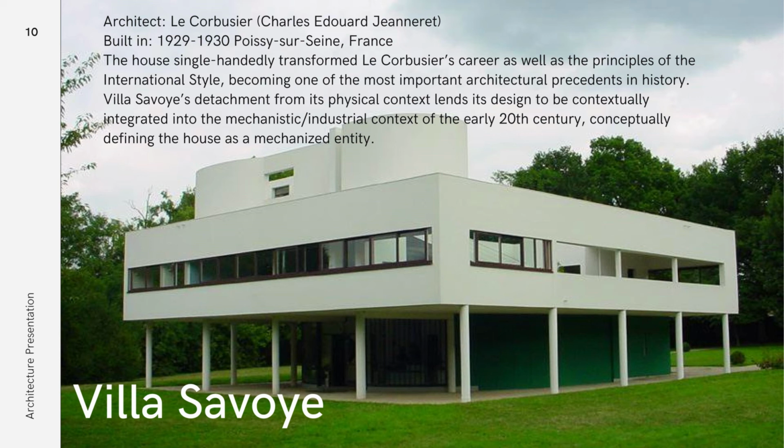The Villa Savoye represents Le Corbusier's reconception of the very nature of architecture, his attempt to express a timeless classicism through the language of architectural modernism.